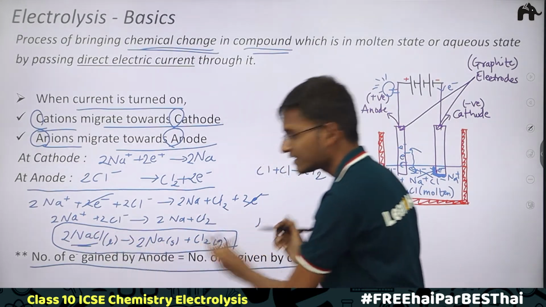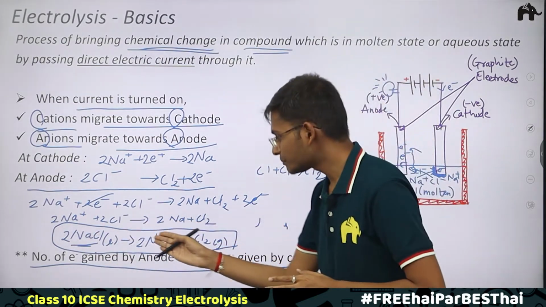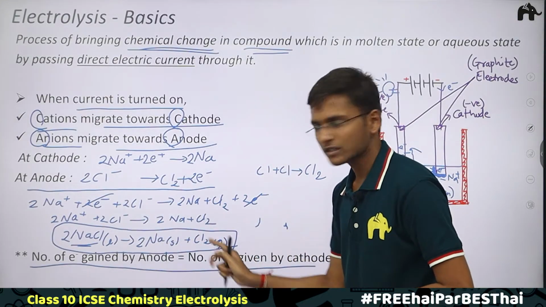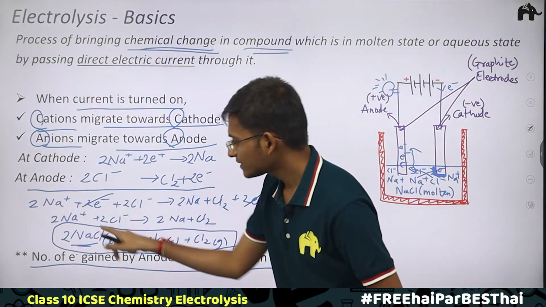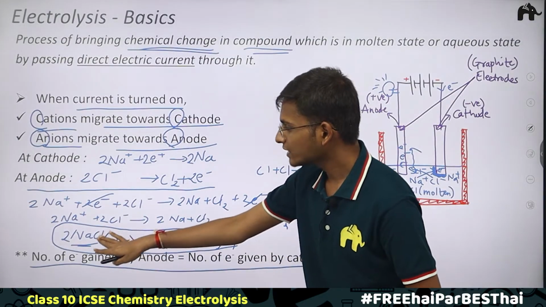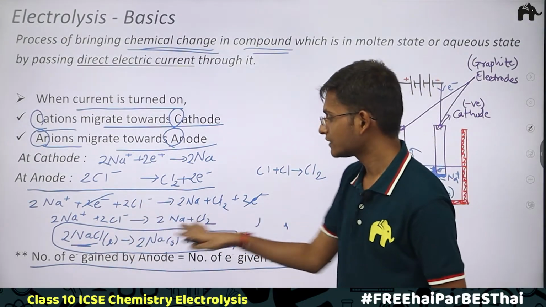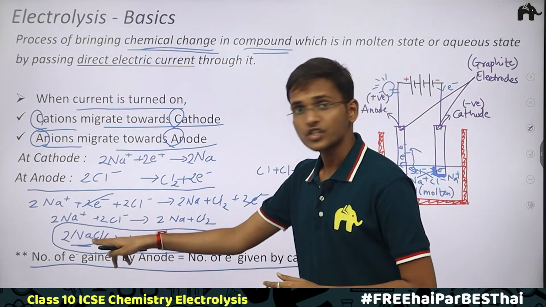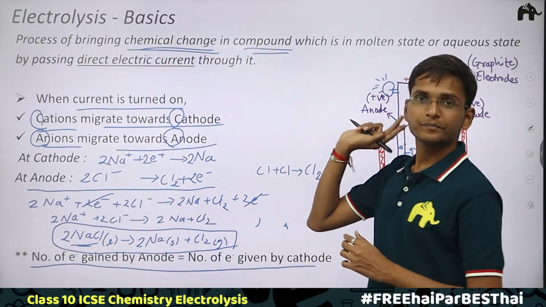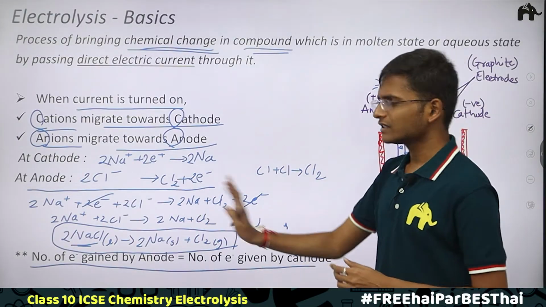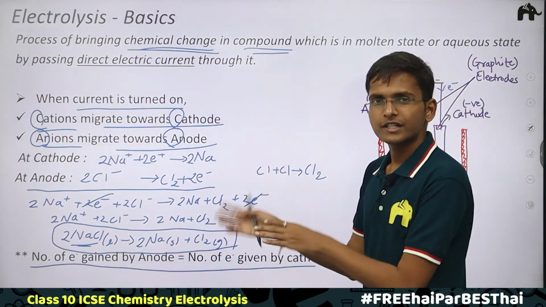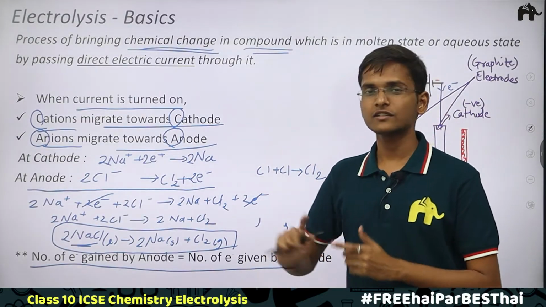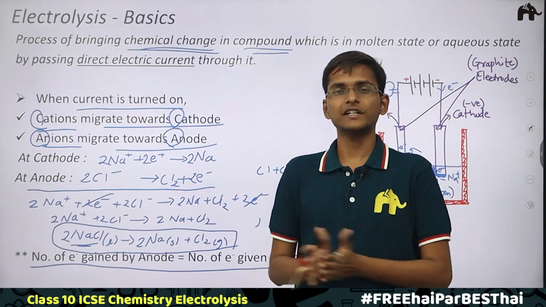It is reacting and giving us some products. That's why we are saying that NaCl is undergoing a chemical change. So we have brought the chemical change in this compound, which is in molten state here. If NaCl is in aqueous state, then also we can bring the chemical change in it, because here NaCl is like a multitasker.